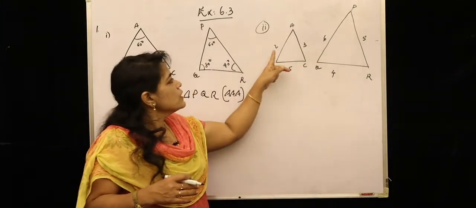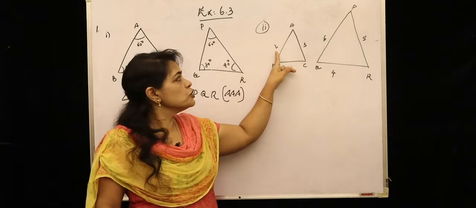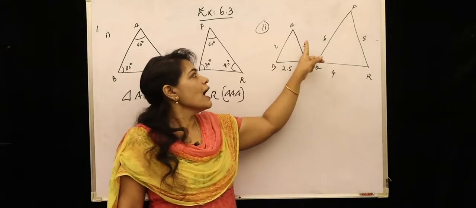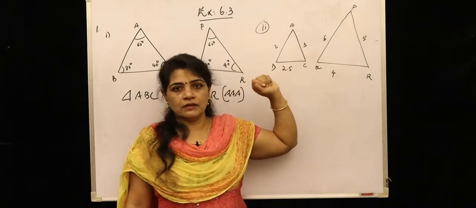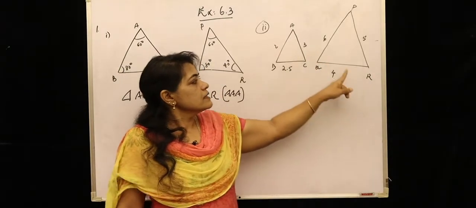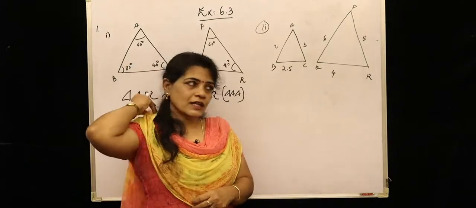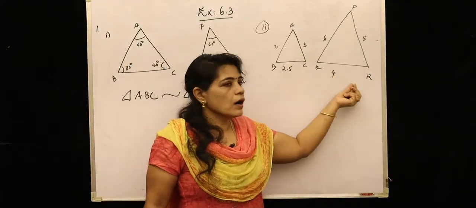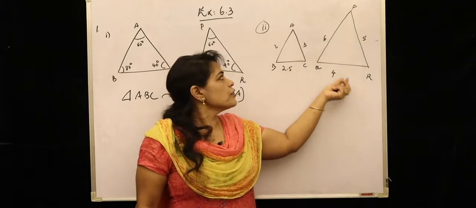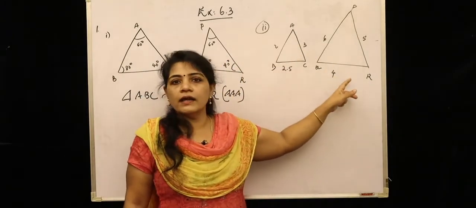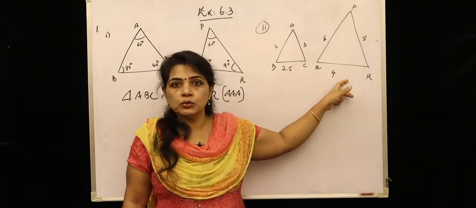You can see AB here is 2 centimeters, BC is 2.5 centimeters, and AC is 3 centimeters. And in the second triangle PQR you can see 4 centimeters. That means side QR is obtained from side AB by scaling up by the factor 2.